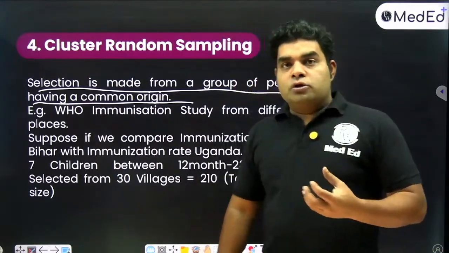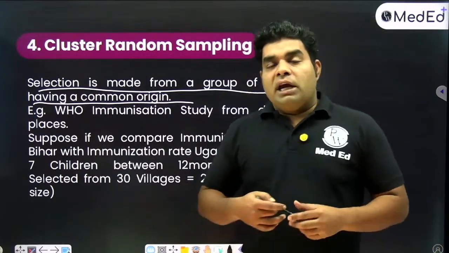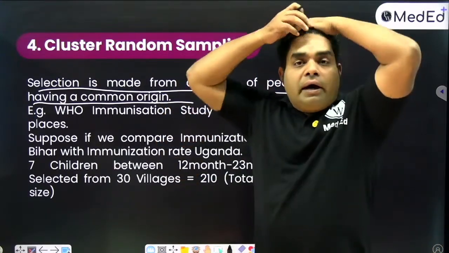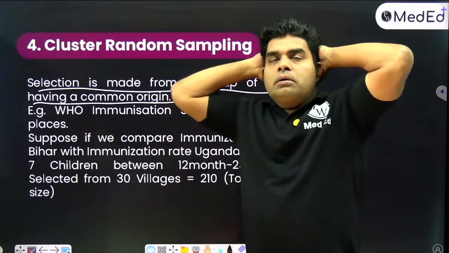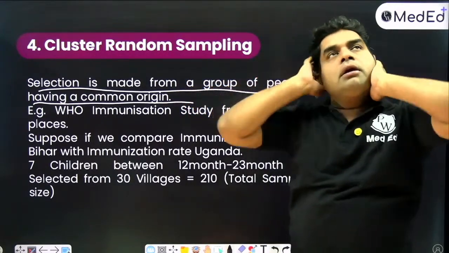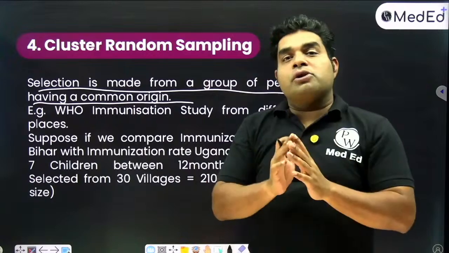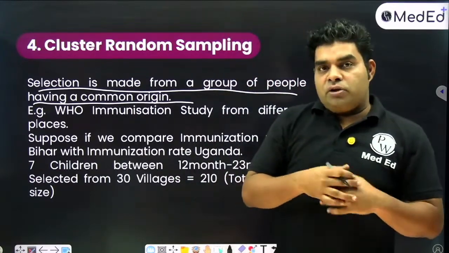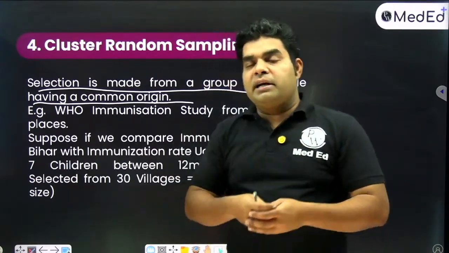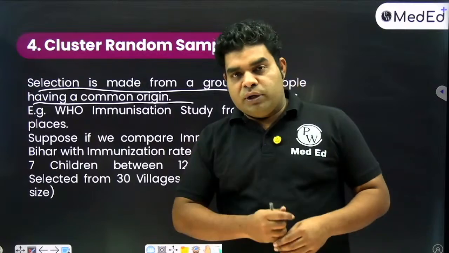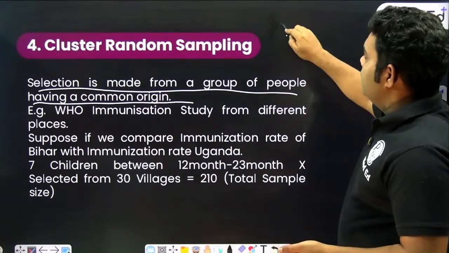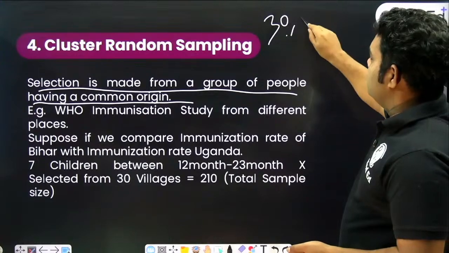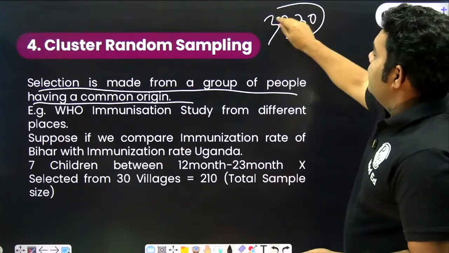So if I am doing a study in which I want to know the percentage of children who are exclusively breastfed in different parts of India, I can go and interview 30 mothers from Jammu and Kashmir, 30 mothers from Bihar.